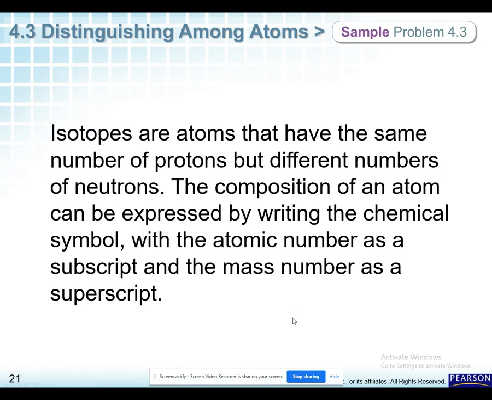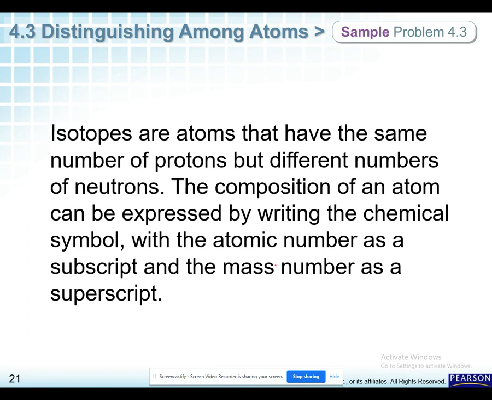Okay. So isotopes have the same number of protons but different numbers of neutrons. We've already talked about that. And the composition of an atom can be expressed by writing the symbol with the atomic number as the subscript and the mass number as the superscript, just like before.